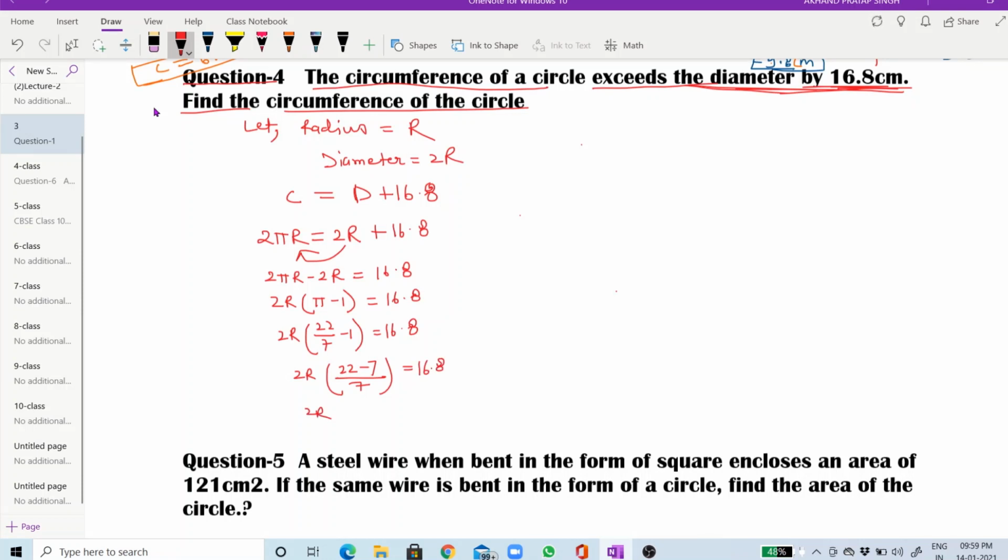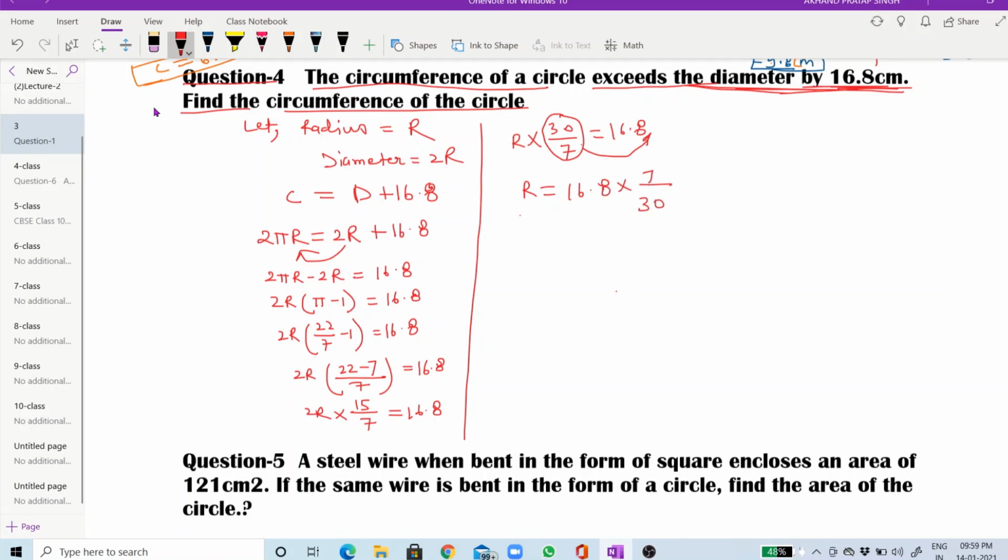Now 2r into, 22 minus 7 is 15 upon 7. It is equal to 16.8. r into 30 upon 7 equal to 16.8. r is equal to, this value goes to the right hand side and it will be in reverse, 16.8 into 7 upon 30.